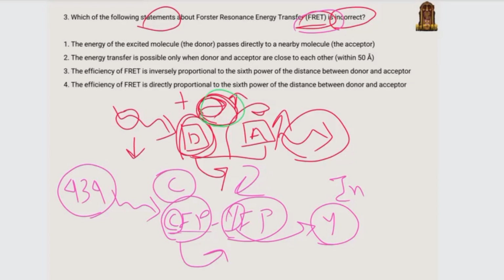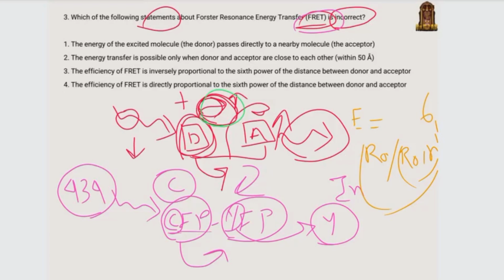There is another term in a mathematical form. We can use this efficiency of the FRET equals R0 to the power 6 by R0 to the power 6 plus R to the power 6.